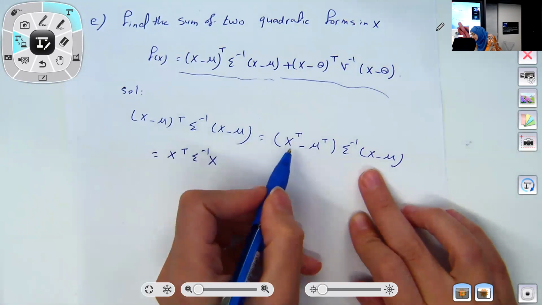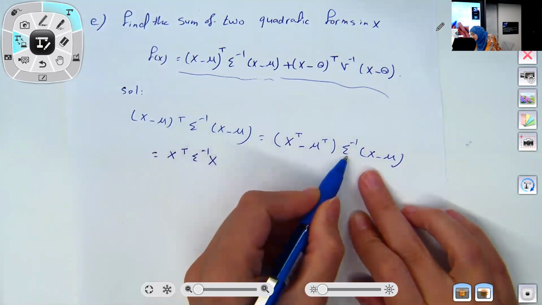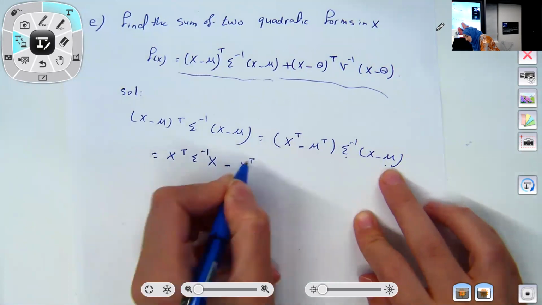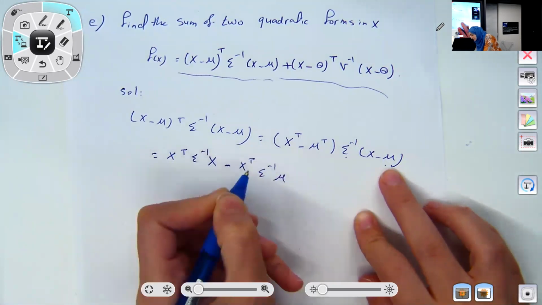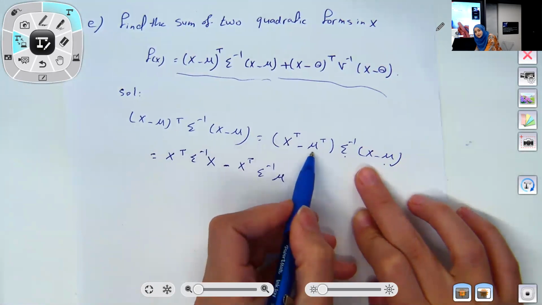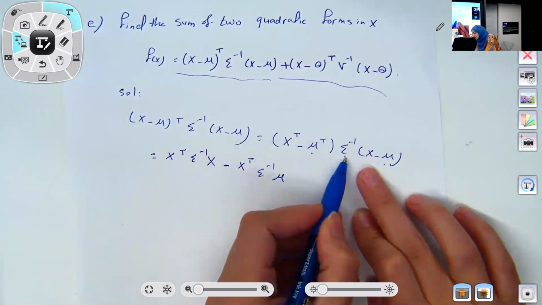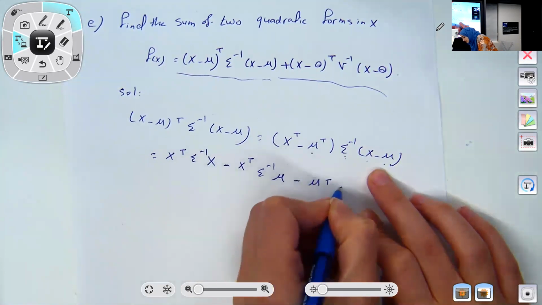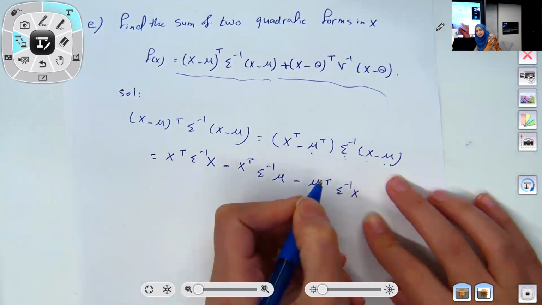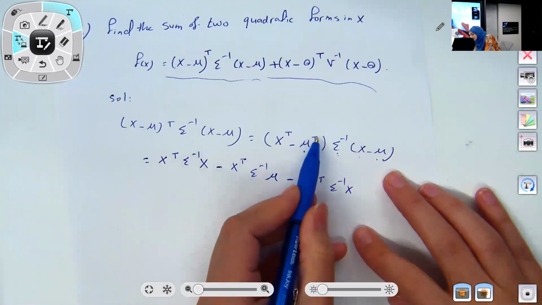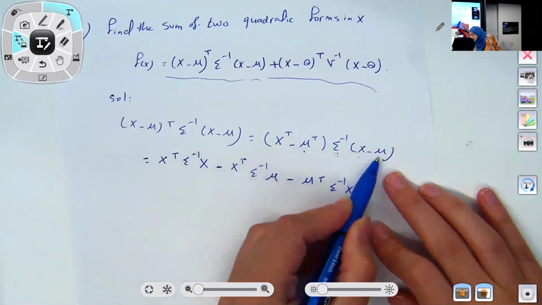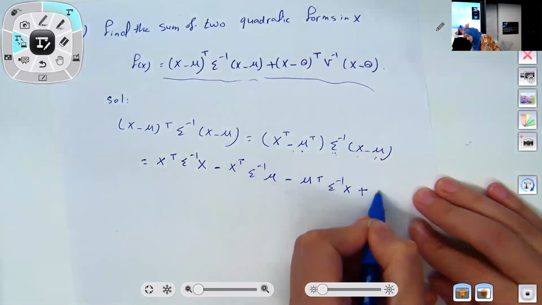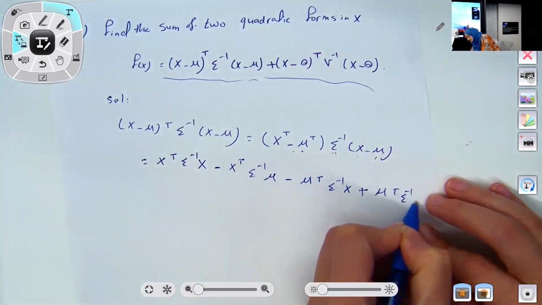The second one, x transpose times sigma inverse times mu, with a minus: minus x transpose sigma inverse mu. Then we have mu transpose times sigma inverse times x, minus mu transpose sigma inverse x. And the last thing, mu transpose times sigma inverse times mu, because negative times negative is positive, plus mu transpose sigma inverse mu.